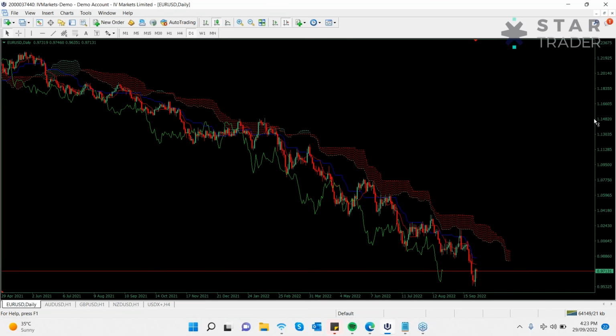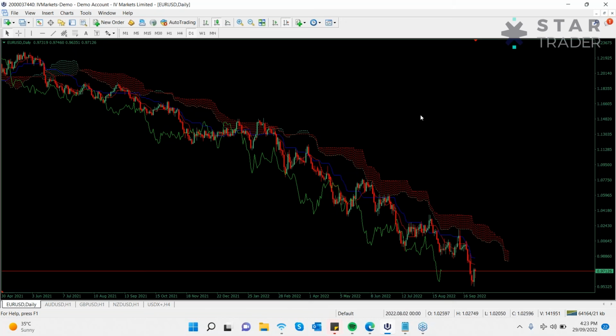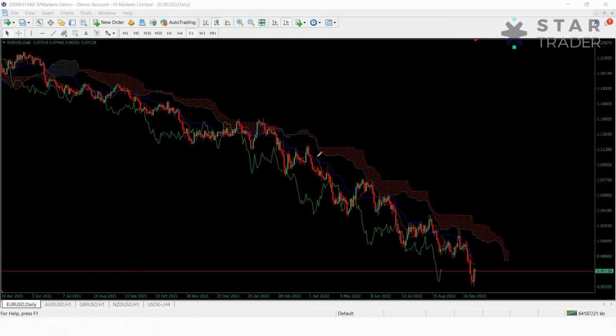This is the overall indicator that we are going to discuss. We have already discussed everything regarding the theory. So for the general knowledge, as you can see, this is a cloud. Let me change the color of it. So this is the cloud, and here we have moving averages: this moving average, this moving average, and this moving average.